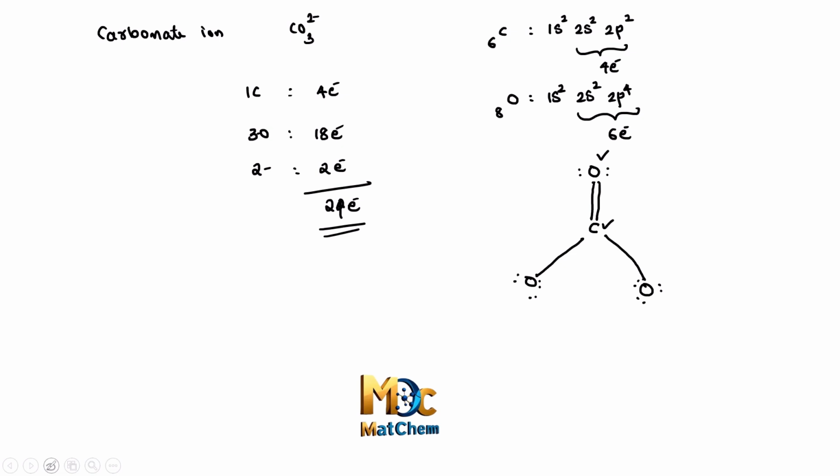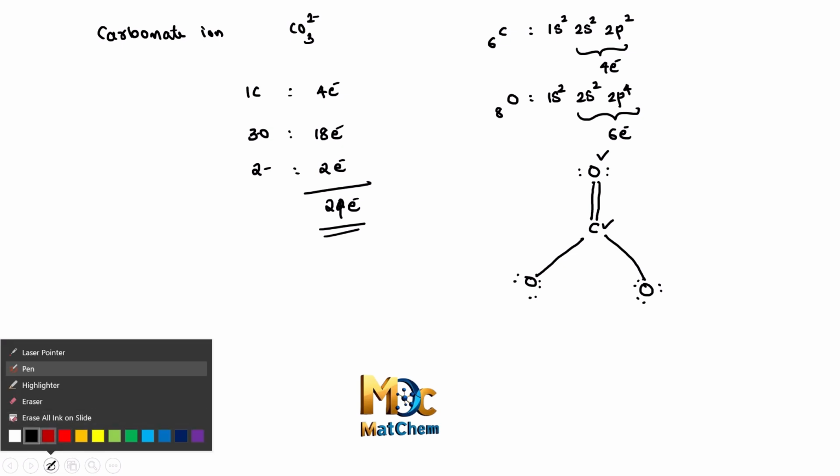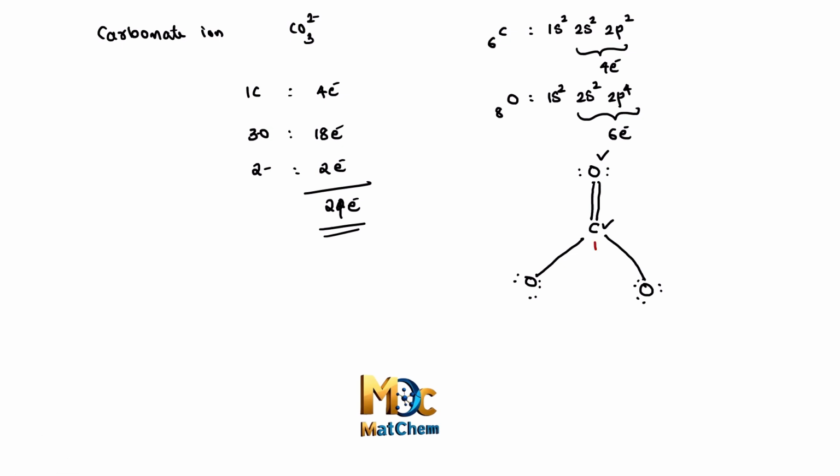Before finding out the formal charge, we need to know the equation. Also, we will number the atoms: this carbon as 1, this oxygen as 2, this oxygen as 3, this oxygen as 4. You can number it in any way. How to calculate the formal charge?